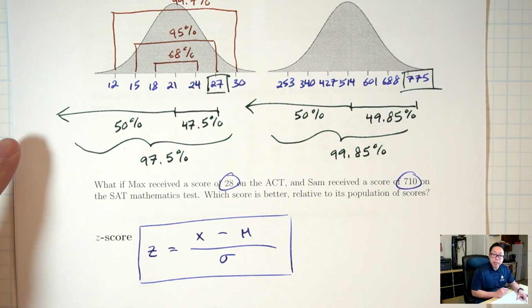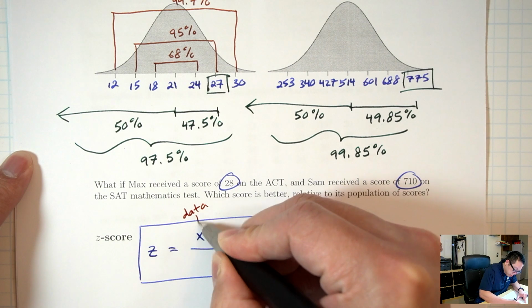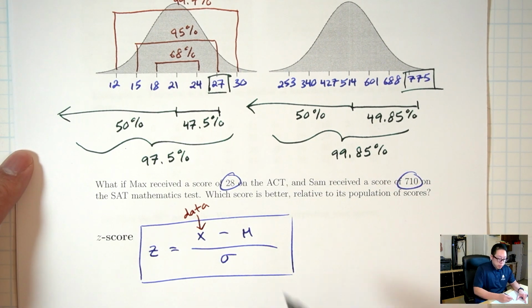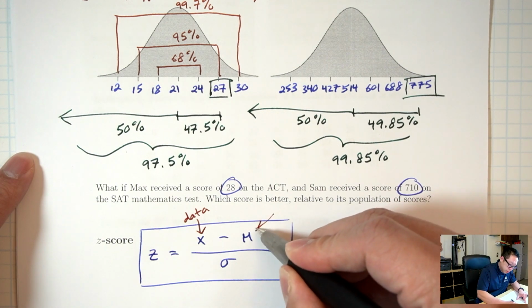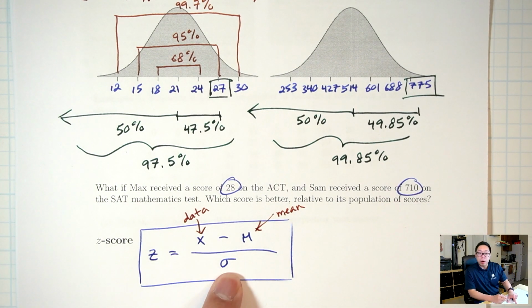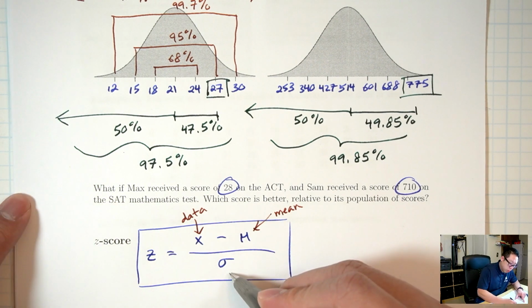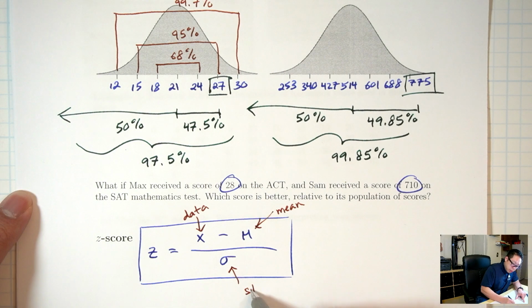The X here is your data. This symbol, that's mu, it stands for mean. At the bottom, this is sigma. We've seen this before in the last lecture. This is the standard deviation.